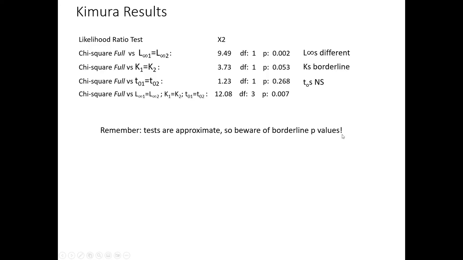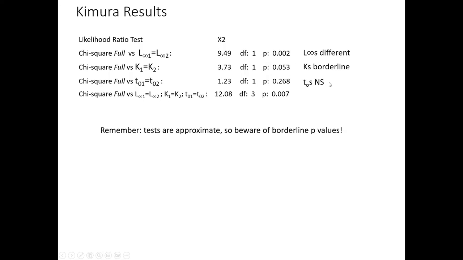But keep in mind that unless you have lots and lots of samples, there is an issue with chi-square being asymptotic, so sample sizes can affect the power of the chi-square. So remember that the test is approximate.